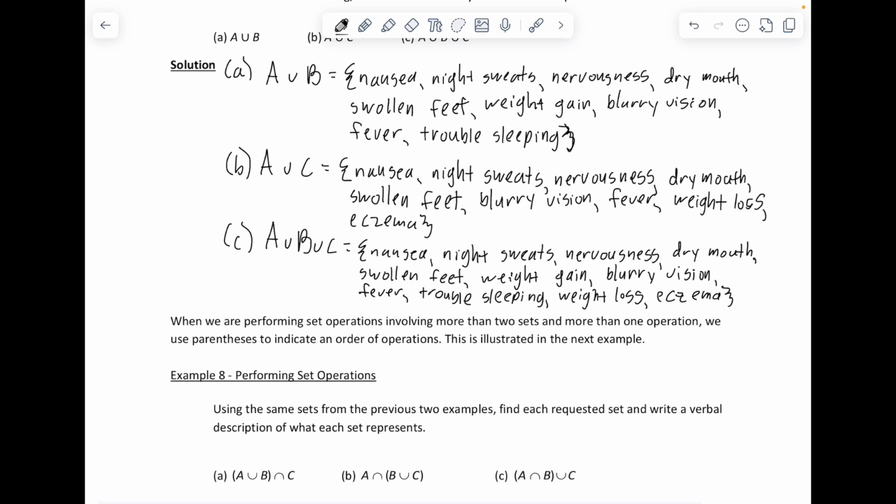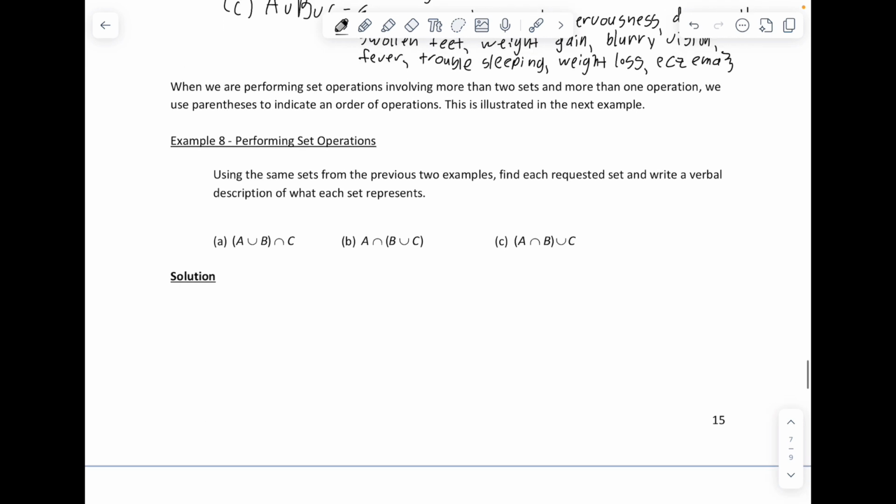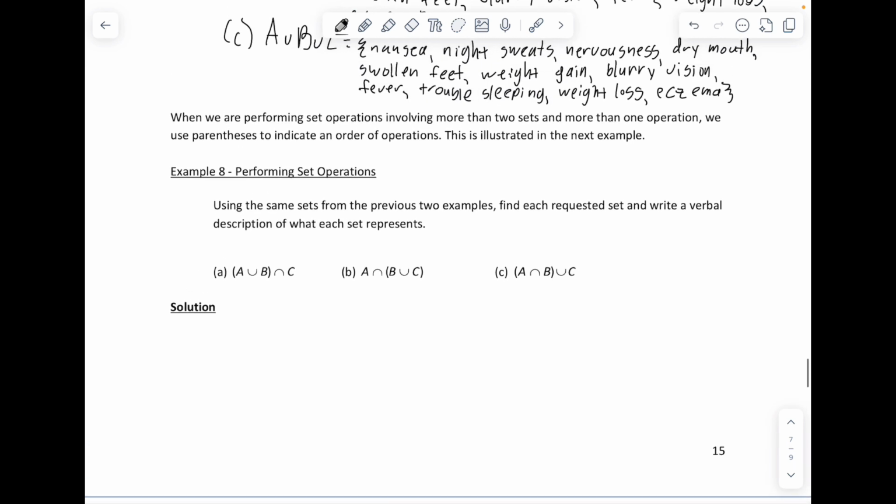Okay. So here we have (A union B) intersection C. Okay. So this is saying for part A, first find A union B, and then take that and intersect it with C. Okay.